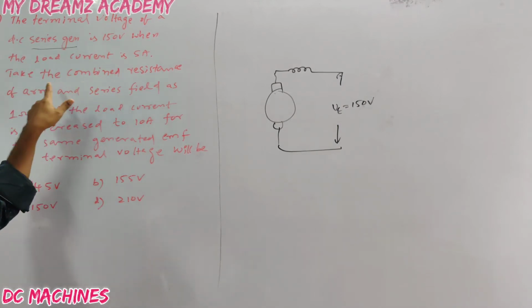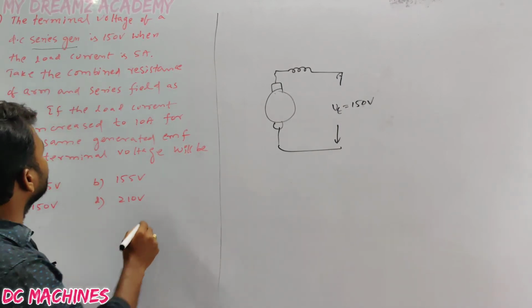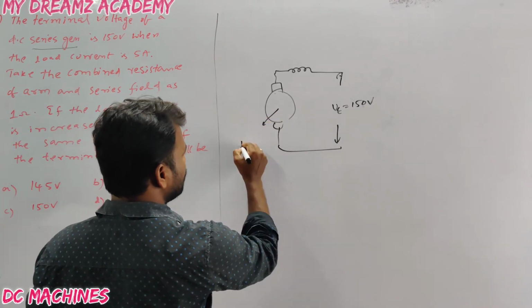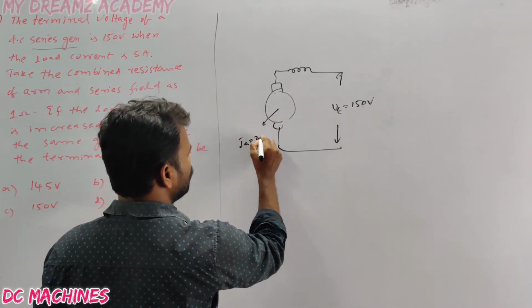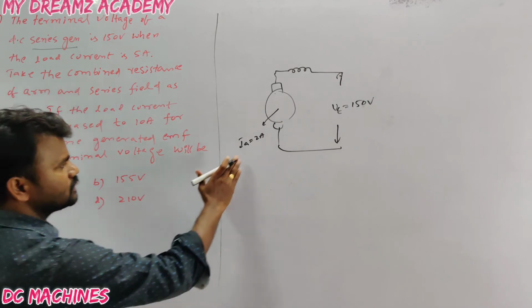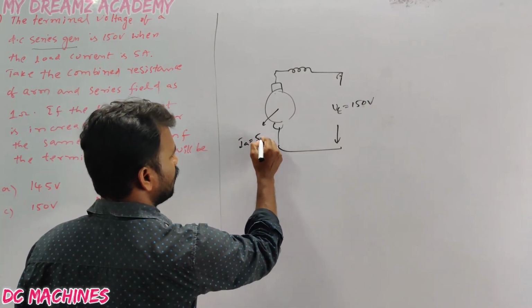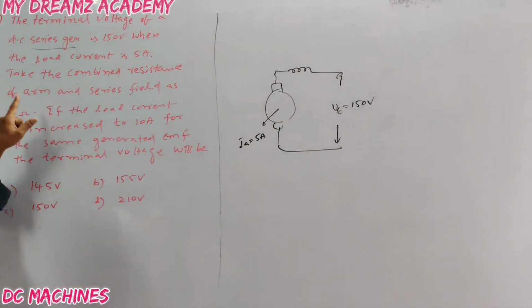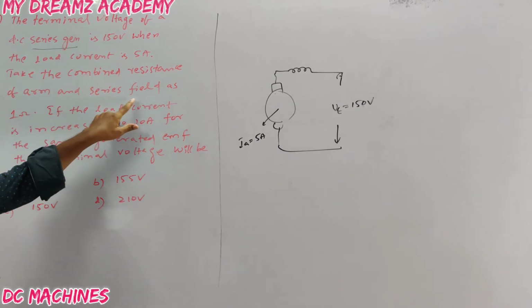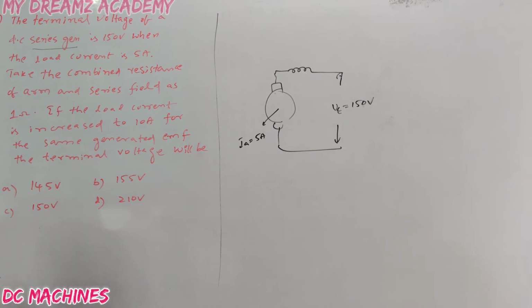When the load current is 5 amperes, the armature current is 5 amperes. Take the combined resistance of armature and series field as 1 ohm.